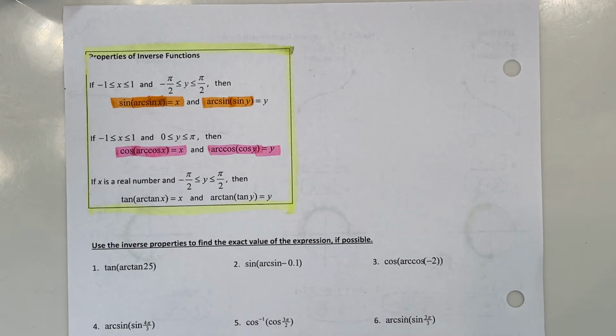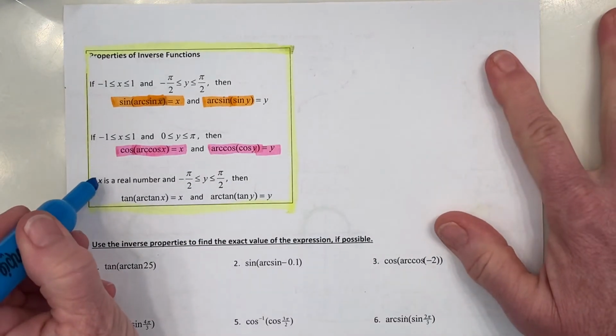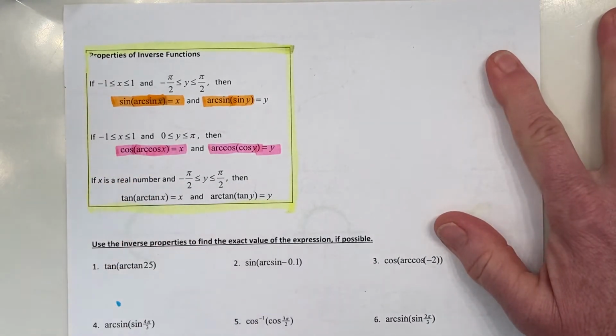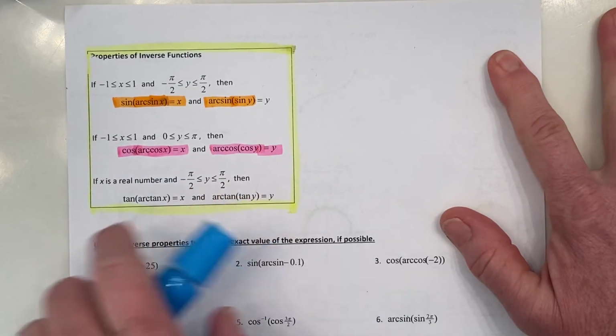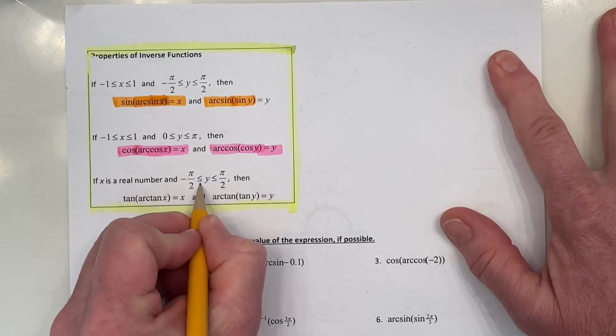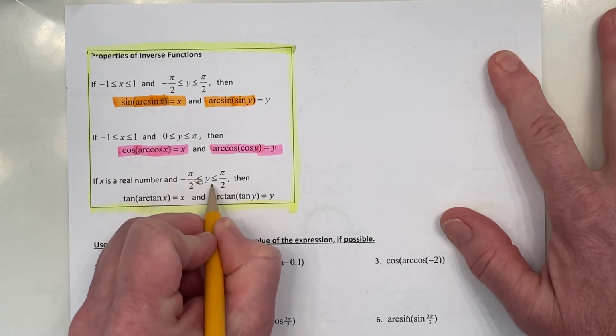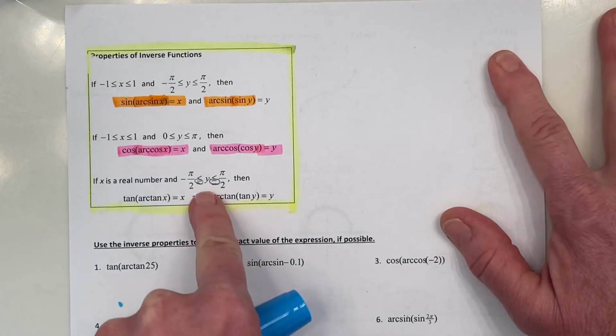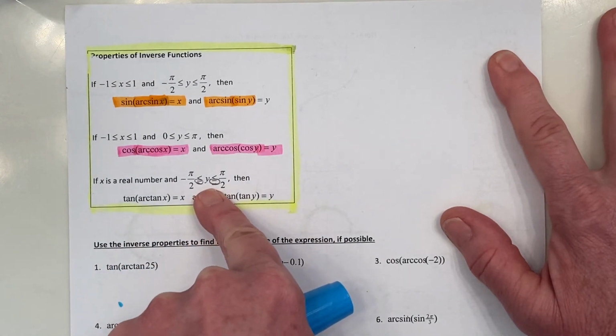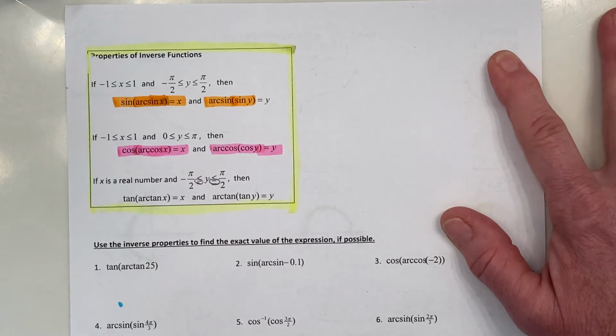Hang in there. Now it says x can be any real number, but if your y is between -π/2 and +π/2, and actually I think that might be a typo. I don't think we can include -π/2 and +π/2 because that's part of the range of arctan is to exclude those asymptotes.